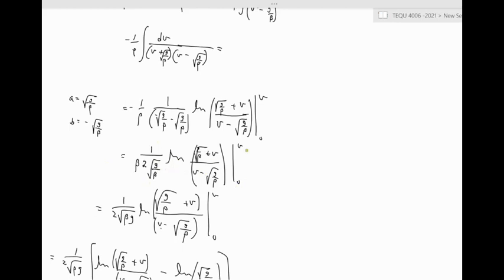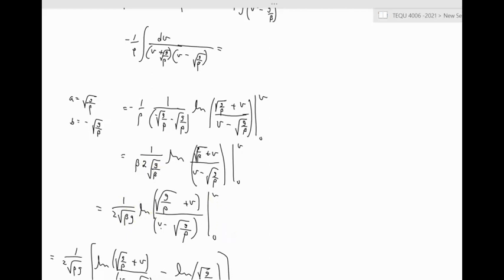Any change that I did here? Let's see. Well, I incorporated beta inside, so that will be beta squared, just so that this ends up looking good. Beta squared over beta cancels out one of the betas and ends up like this: 1/2 square root of beta g times the logarithm of all these.